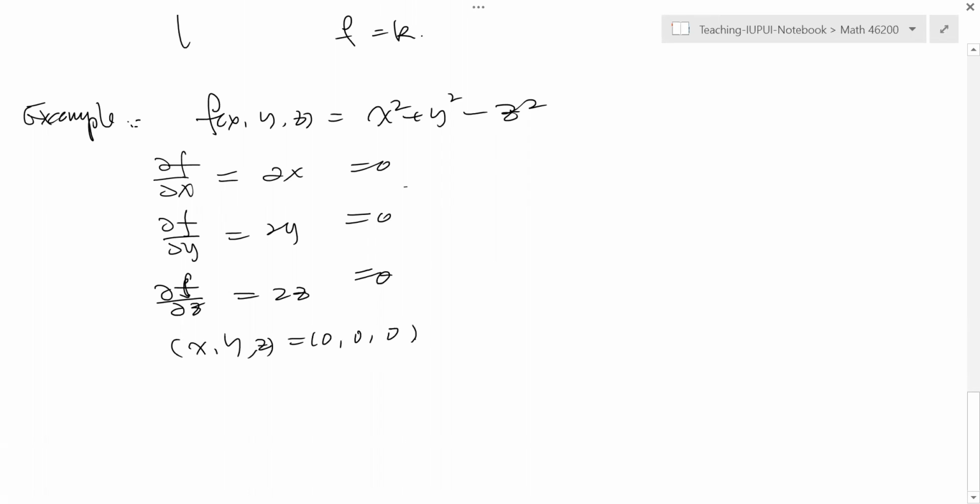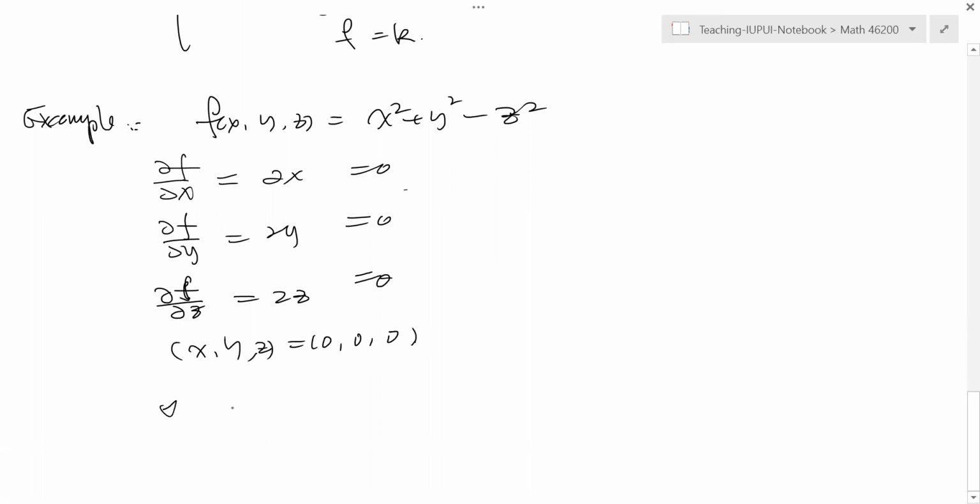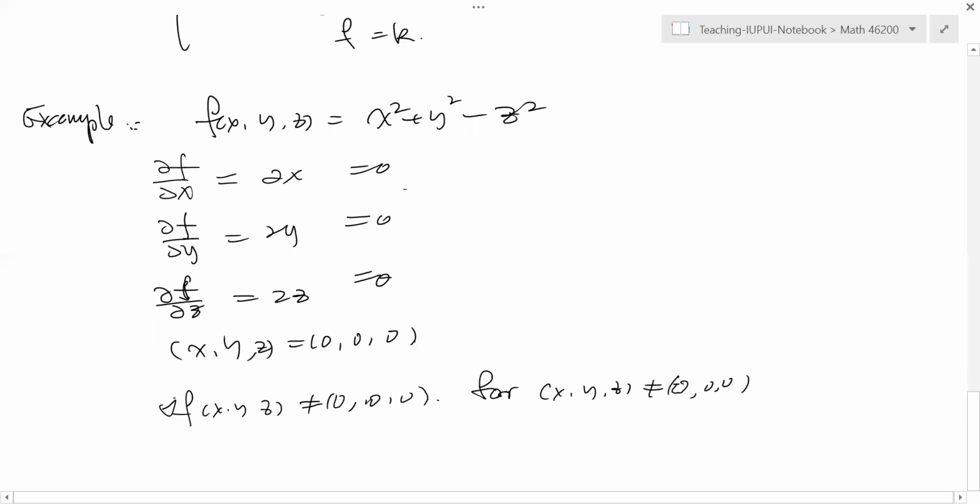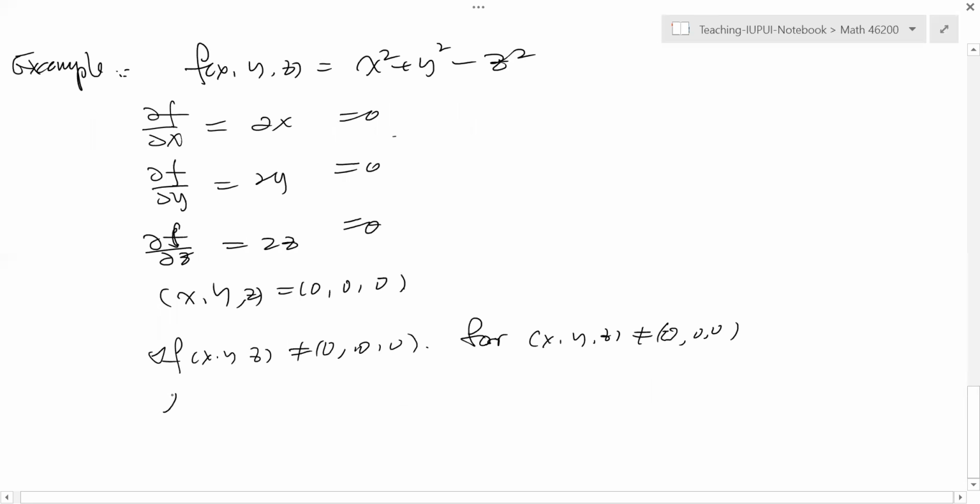So in other words, the gradient of f is not going to be 0 for any point away from the origin. Take a look at the value of this function at this special point: it's going to be 0.